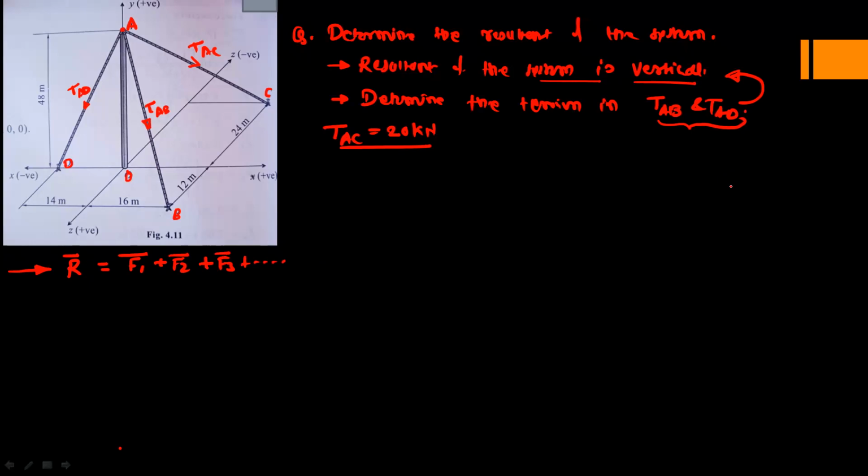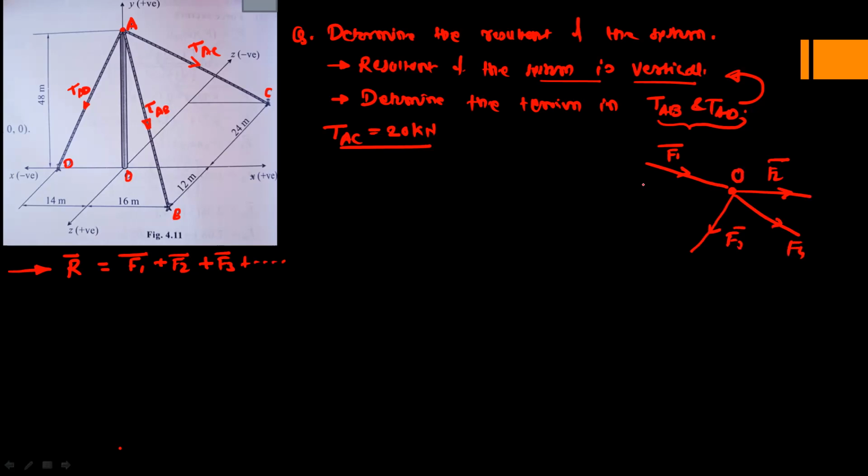So just imagine one general condition. This is the concurrent point, and there are different forces passing through the point, which are F1 bar, F2 bar, F3 bar, F4 bar. This point is O.